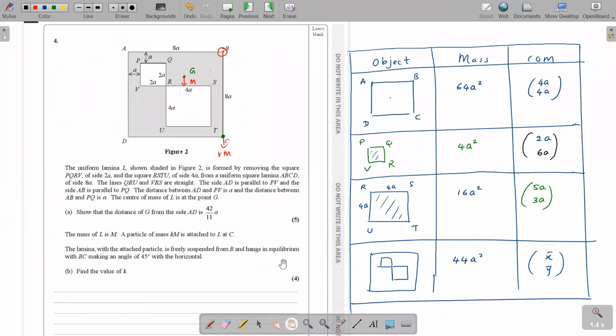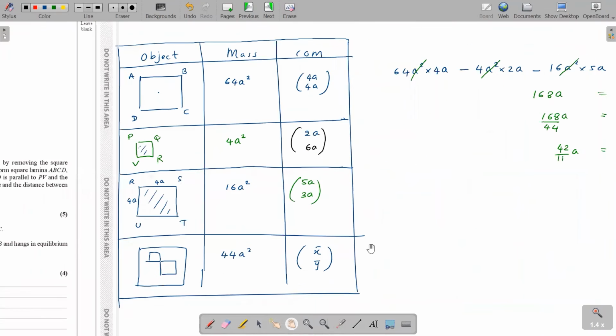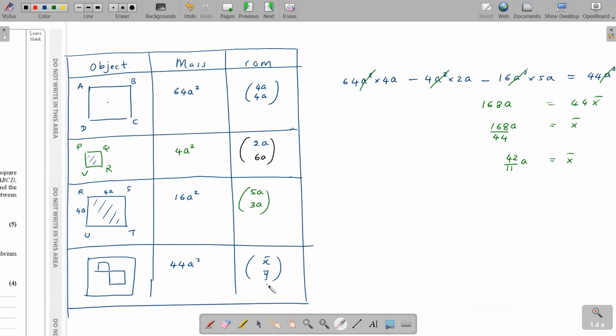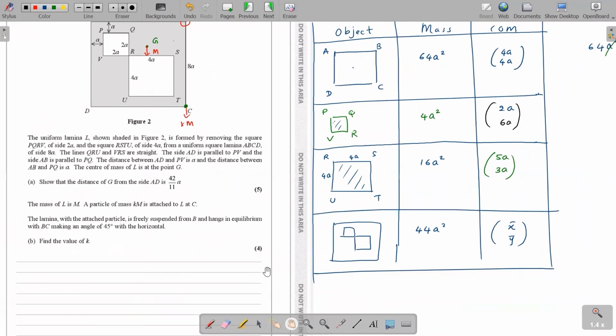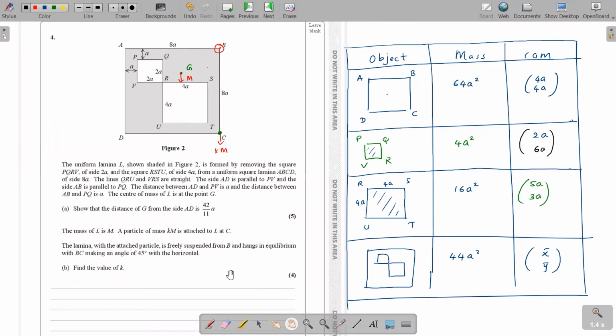Wait, let me check. Okay, we'll not go for the y bar. There's no need, I think, because it's only 4 marks. What you do here is this. Now we already know the x bar distance from the center of mass. Am I correct? What is the x bar distance? 42 over 11a, right?